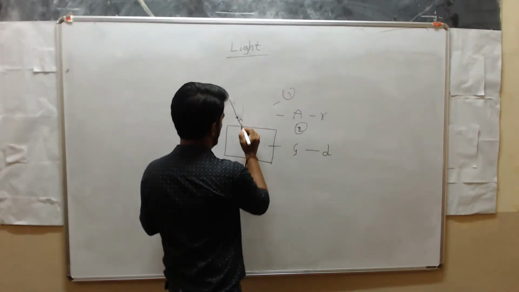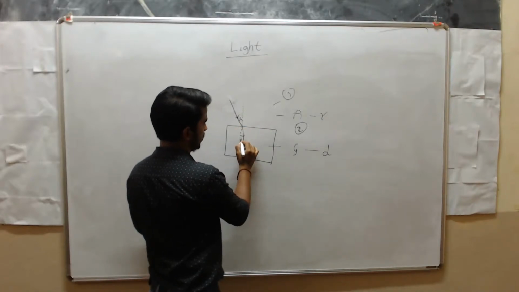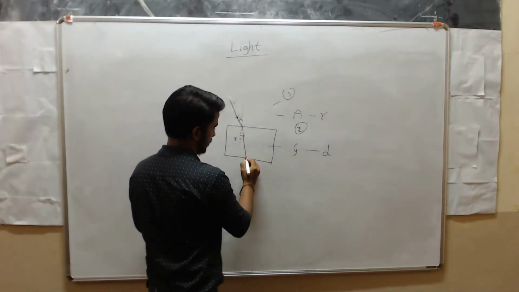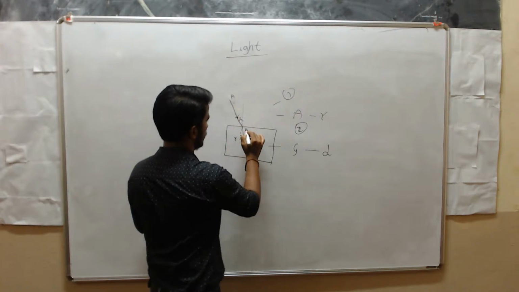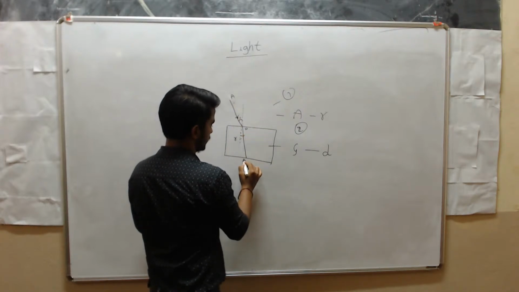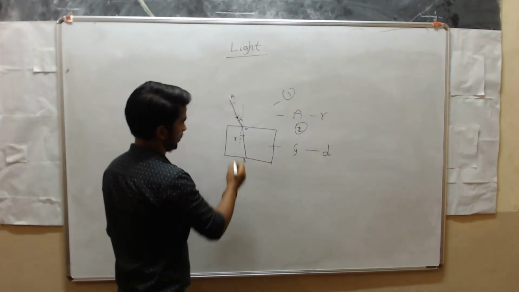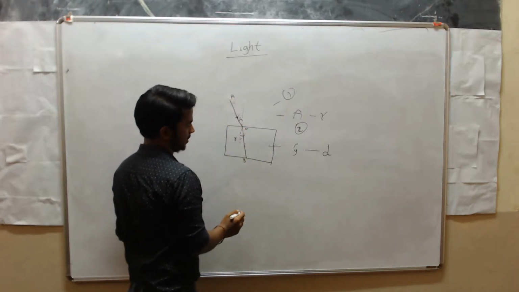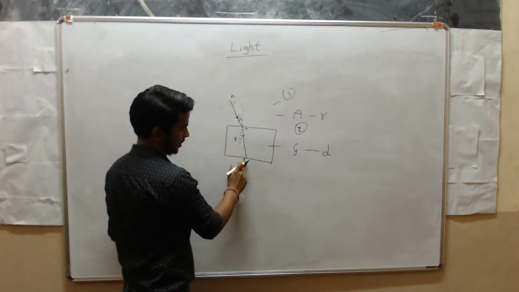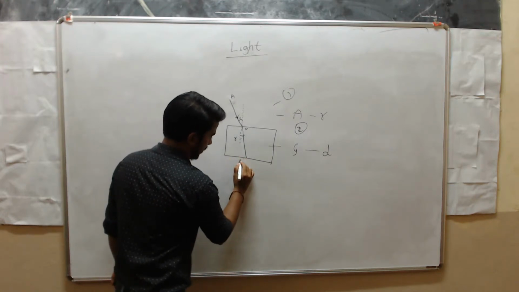So this is the angle of incidence and this is the angle of refraction. Okay, so this is A, O, and this is B. See, so now this is the incident ray, this is the refracted ray. Next, once again it strikes here, right? So once again it undergoes refraction.